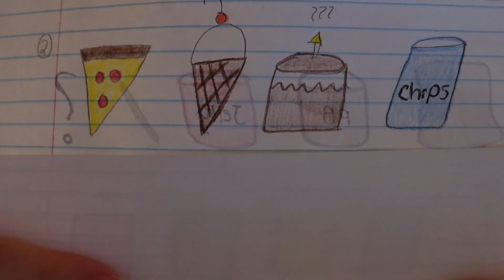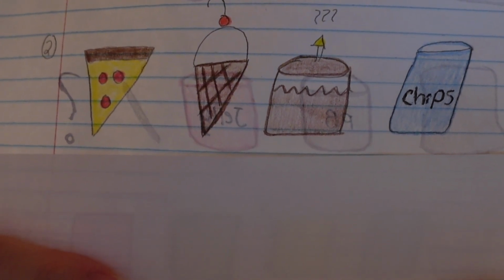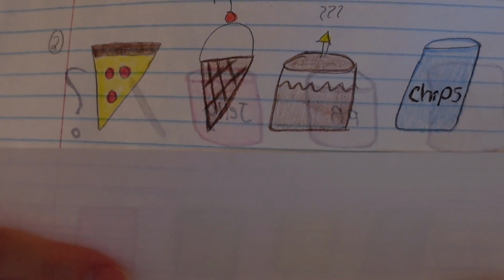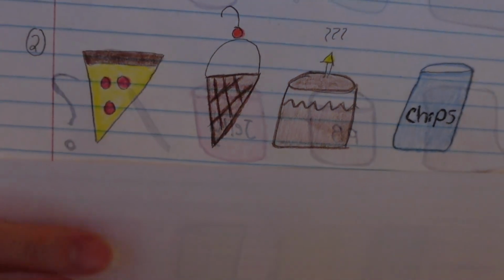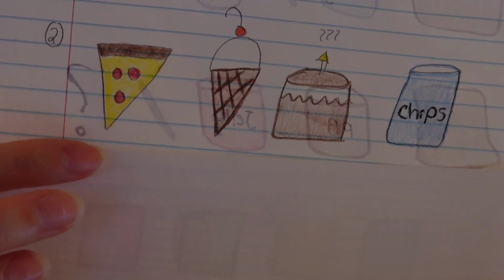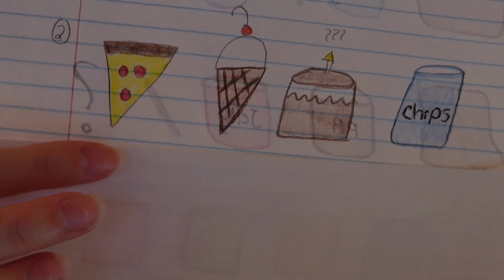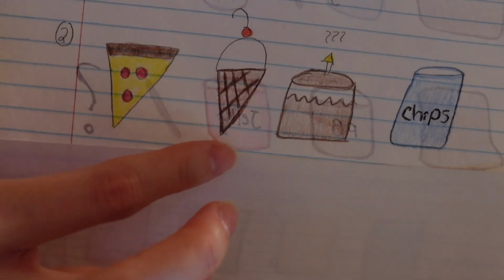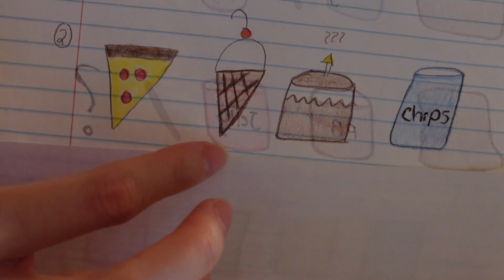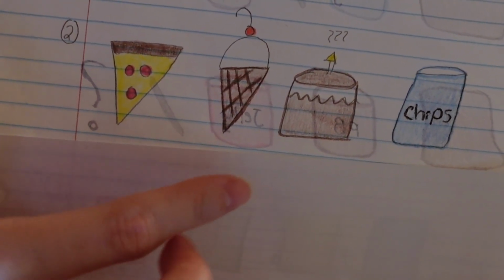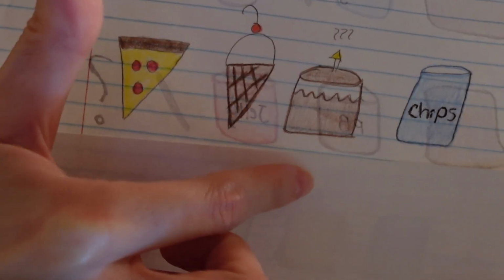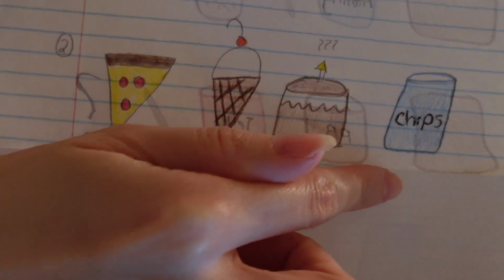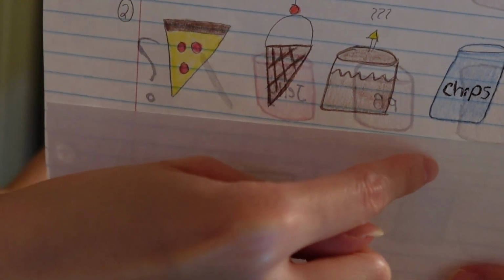Question number 2. Which one is the odd one out? We've got pizza, an ice cream cone, cake, or chips.